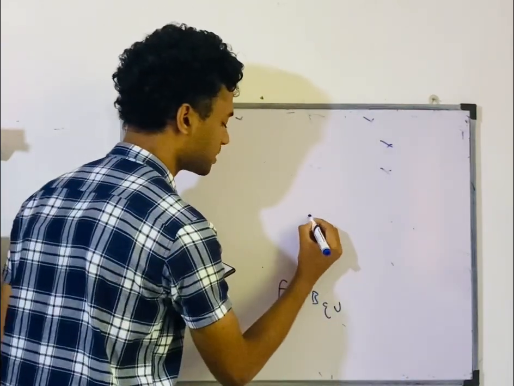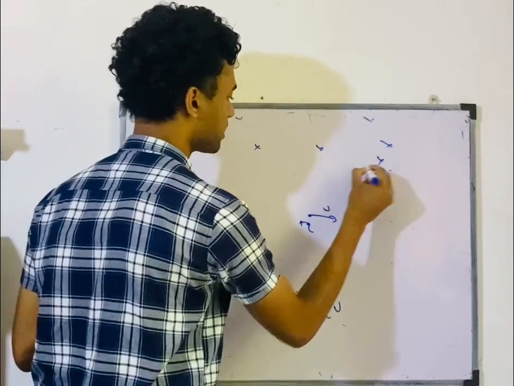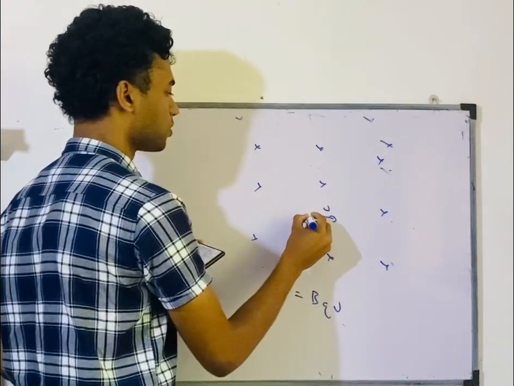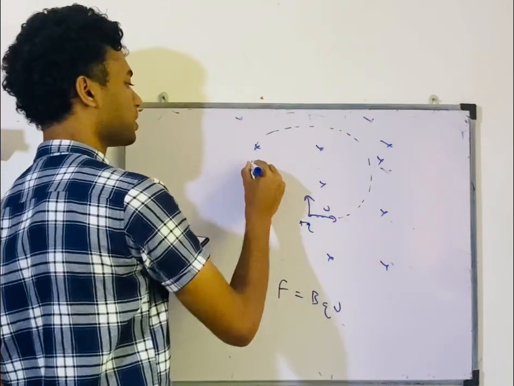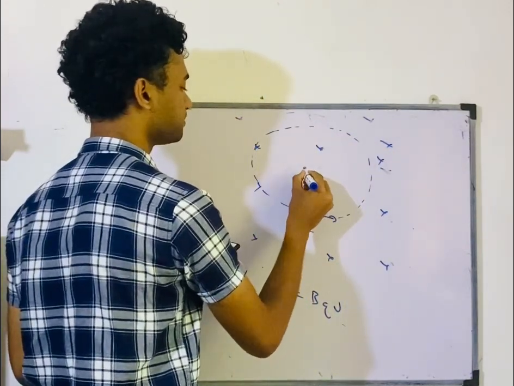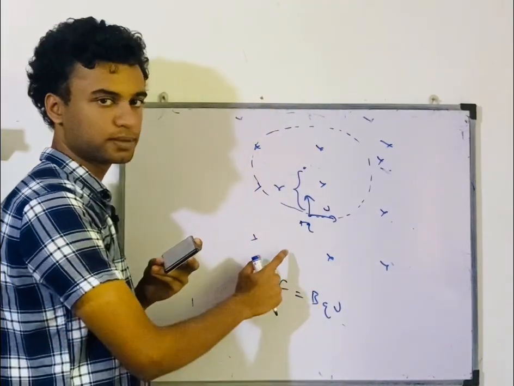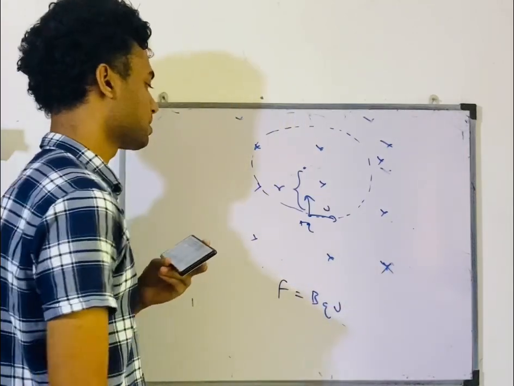So +Q is here with velocity V, and these magnetic field lines are here like so. So the force F is like this, so it can go along a circular path like this with a certain radius. Radius is R. I'm reminding you of the entire theory. Is that clear?